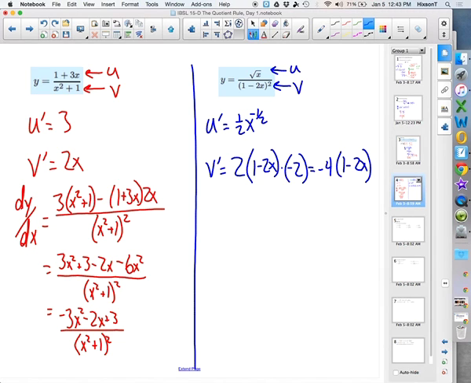So dy/dx is u prime, 1/2 x to the negative 1/2, times v, 1 minus 2x squared, minus u, x to the 1/2, times v prime, so negative 4 times 1 minus 2x.